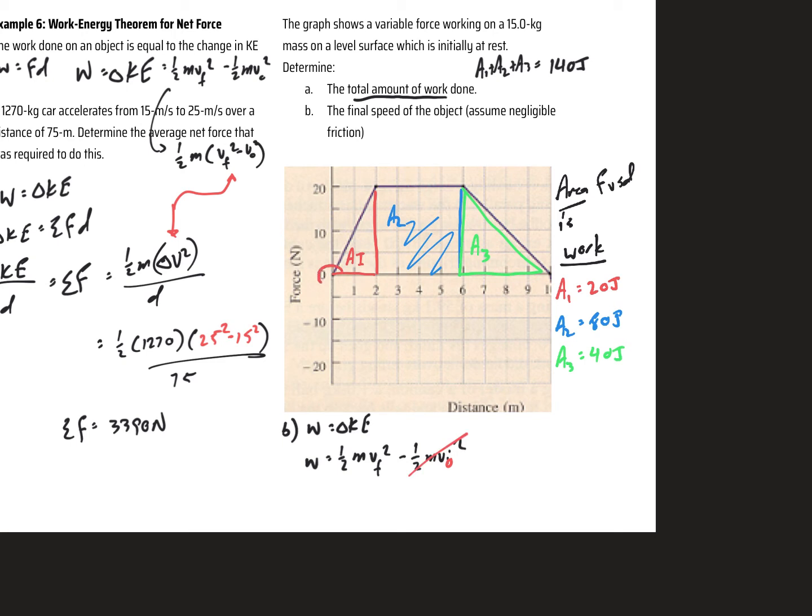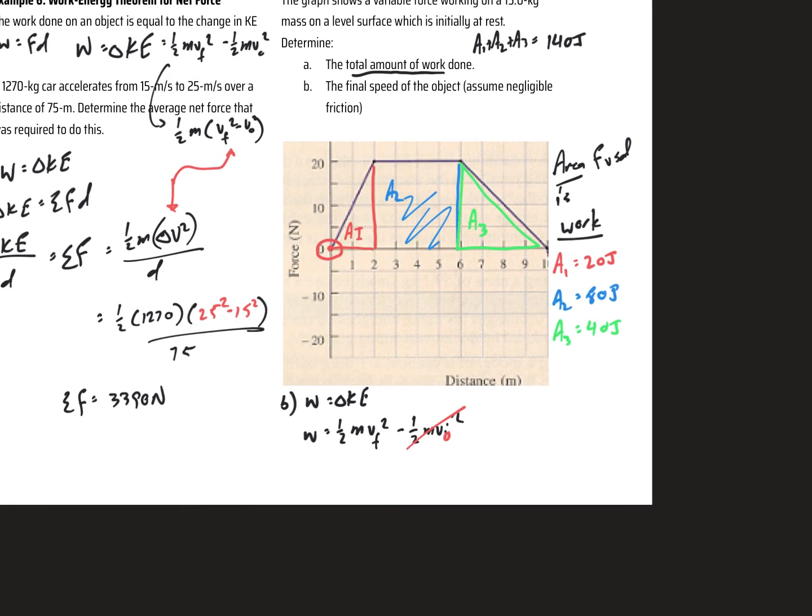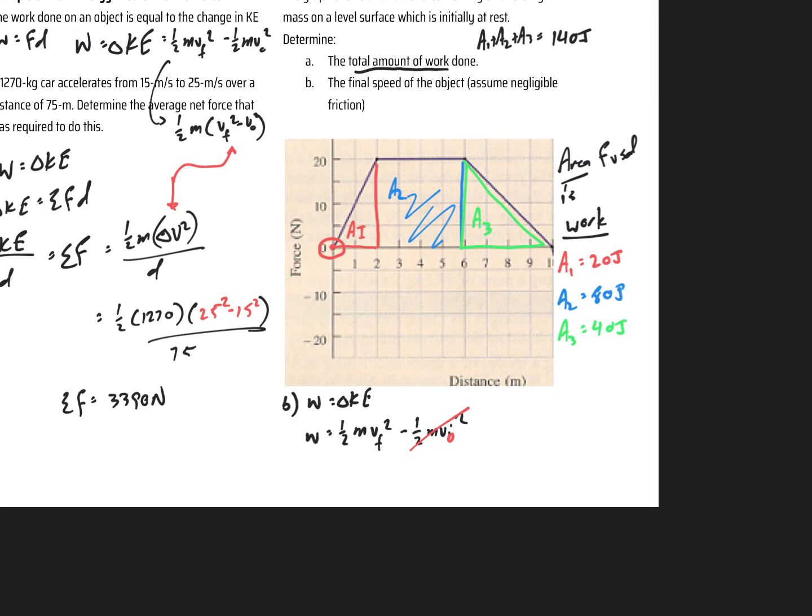Over here at the beginning of the graph, it's at 0, so there's nothing happening yet. So with a little bit of math, we get the final velocity is equal to the square root of 2 work over m. When you plug everything in, you get a final velocity of about 4.3 meters per second. So a couple of different ways to solve these kinds of questions.